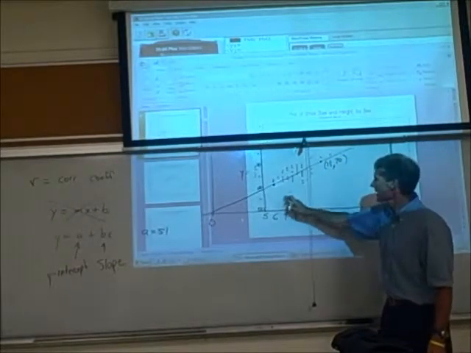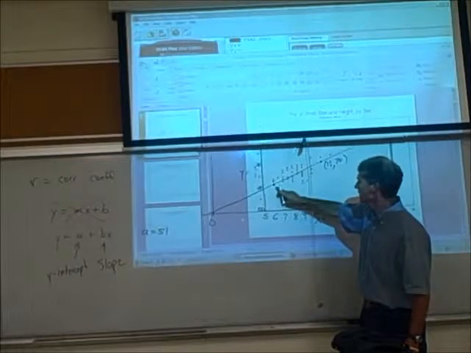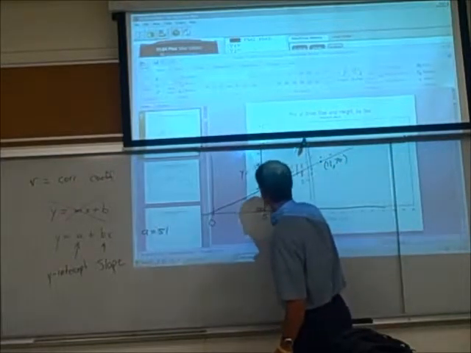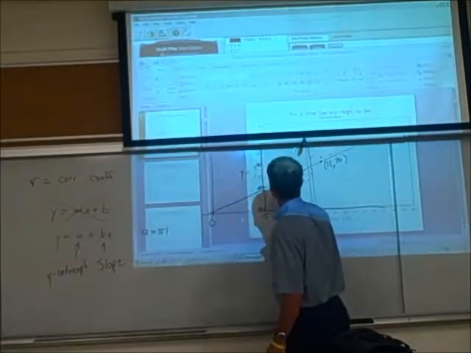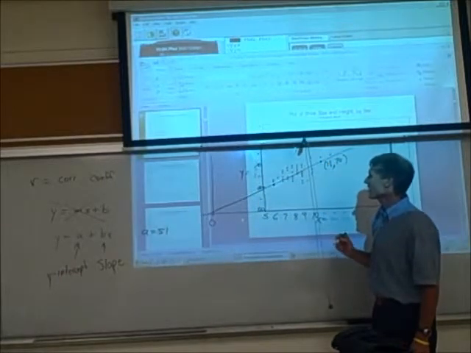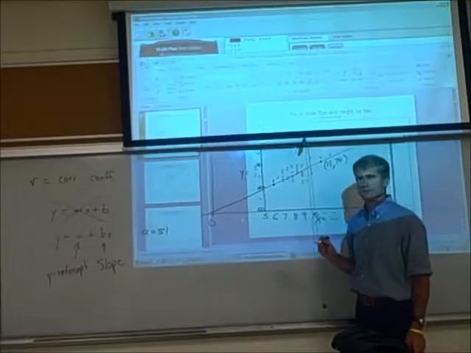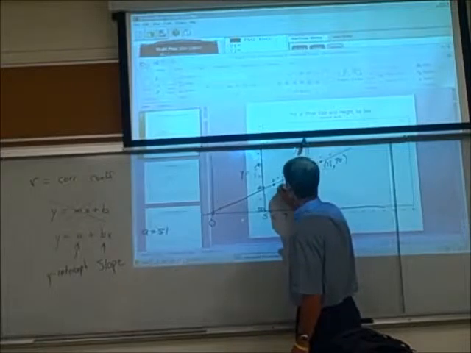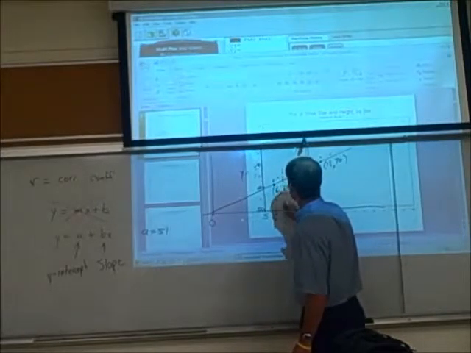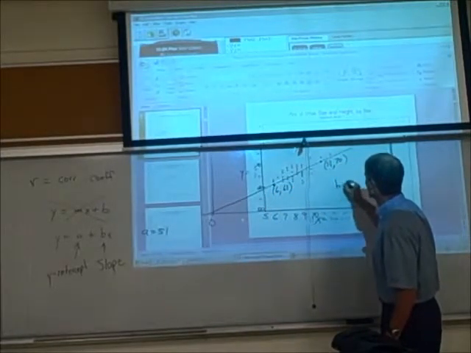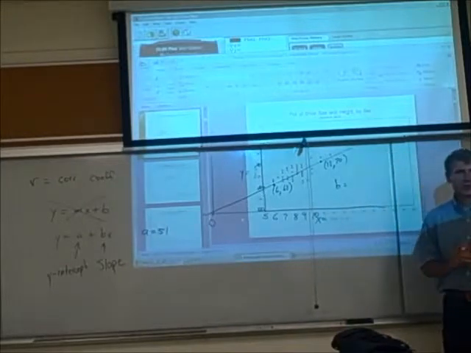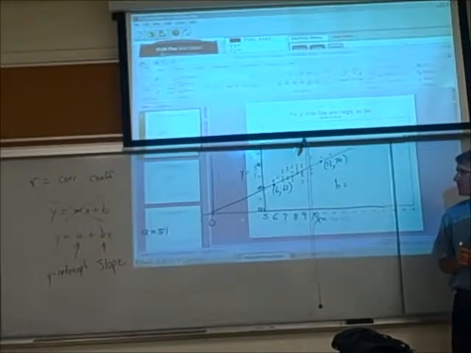This point looks like it has a height of what? 60 is right there. So I'd probably call that 61. And it has a shoe size of 6. So the slope, which we call B, how do you compute that? Y2 minus Y1.